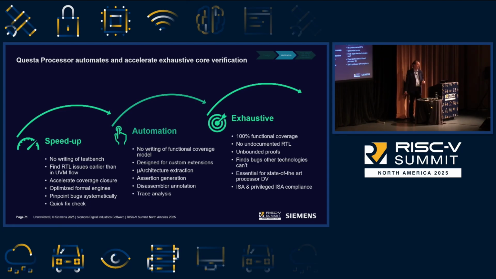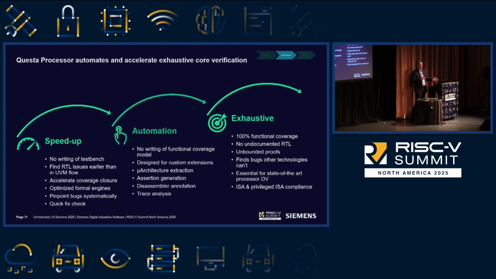It's designed for custom extensions and extracting the microarchitecture. And we've also demonstrated that it is exhaustive. We have published a few different case studies from both core implementers and core integrators that have documented we've been able to find bugs this way that otherwise would not have been found.